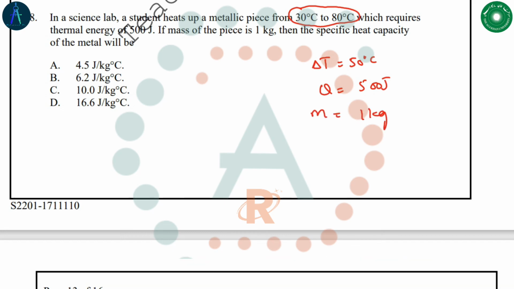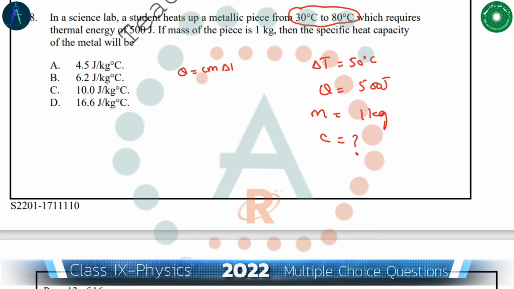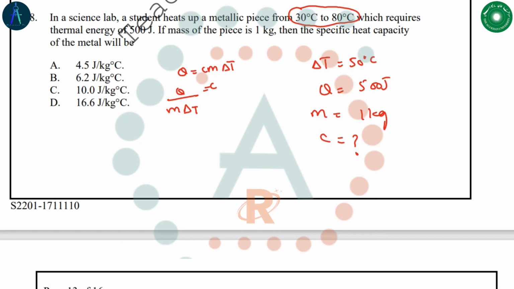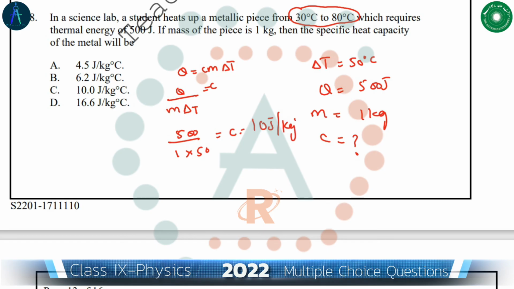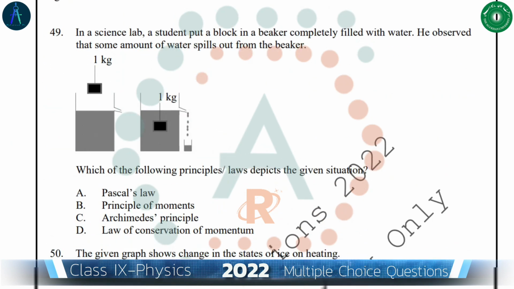We have to find the specific heat capacity of the metal, that is represented by C. So we know the formula Q equals C m delta T, so C equals Q upon m delta T. So Q is 500, mass is 1, and delta T is 50. By solving this, the answer would be 10 joules per kg degree centigrade. Option C is the right answer.